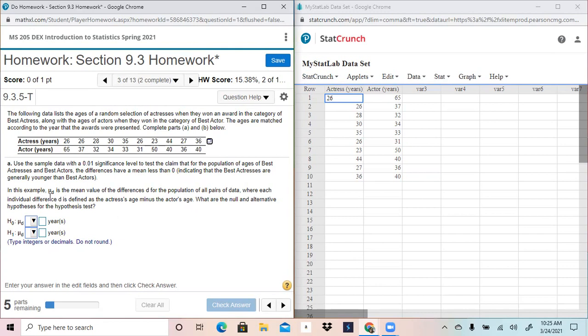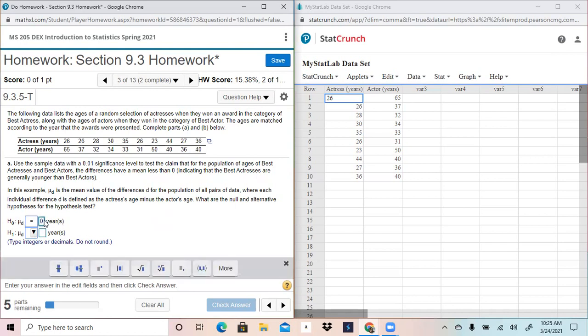In this example, mu sub d is the mean value of the differences d for the population of all pairs of data, where each individual difference is defined as the actress's age minus the actor's age. The null hypothesis will, of course, be with the equals. So the null hypothesis is that the difference between the two is 0.